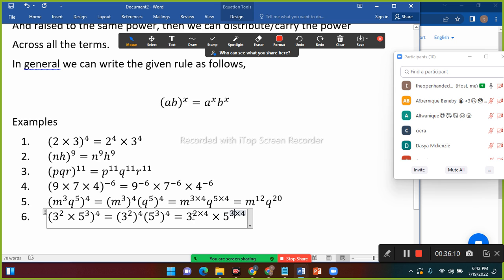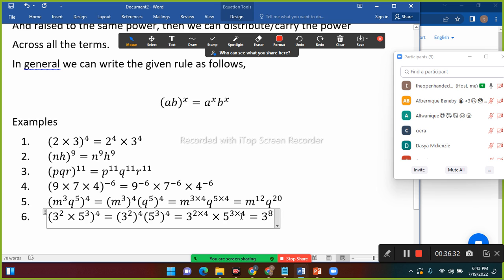So 3 to the power of 2 times 4 and 5 to the power of 3 times 4. And if we were to simplify it, 2 times 4 is 8, right? So it's going to be 3 to the power of 8.